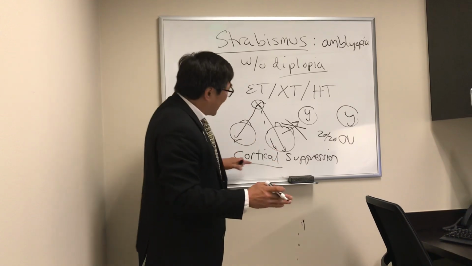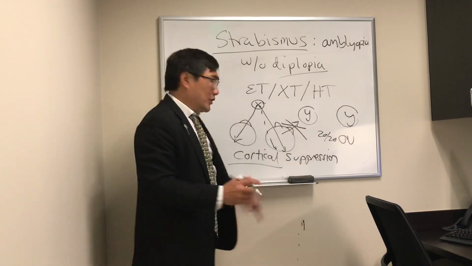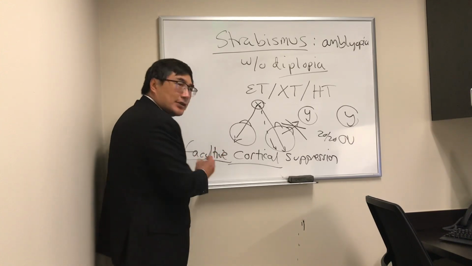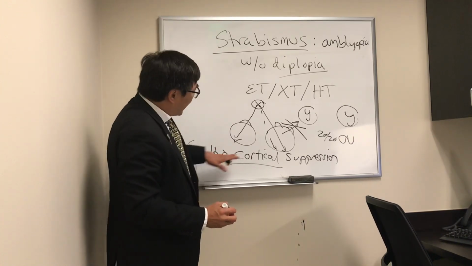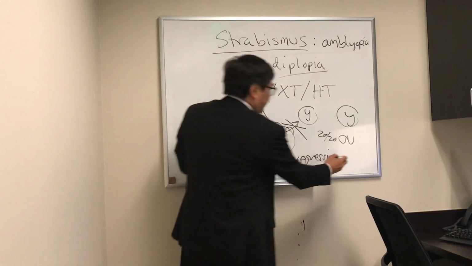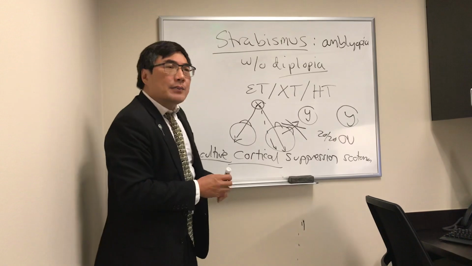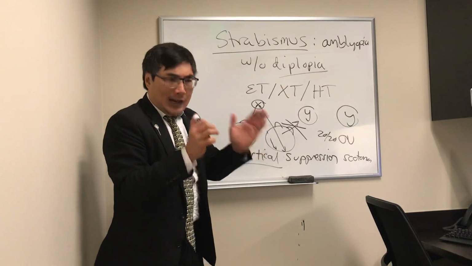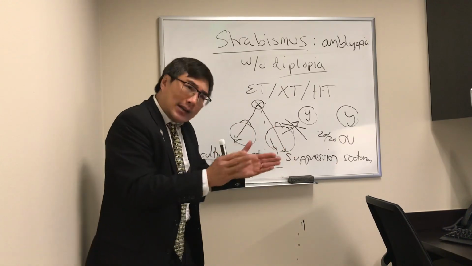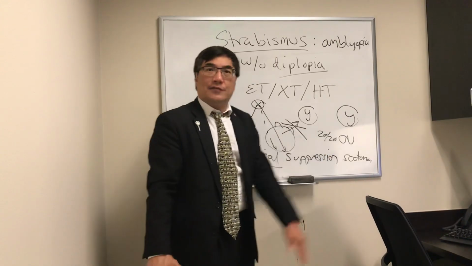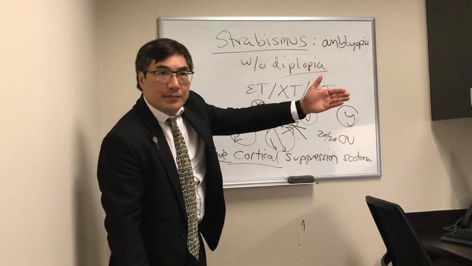That type of cortical suppression of the second image is a facultative cortical suppression. What that means is we have a suppression scotoma. They don't see the second image, but only under binocular viewing conditions. Under monocular conditions, the facultative suppression scotoma turns off, and the brain is able to see 20/20.